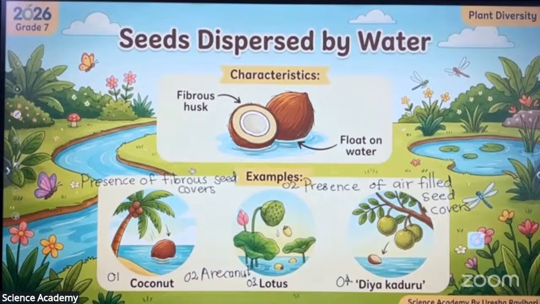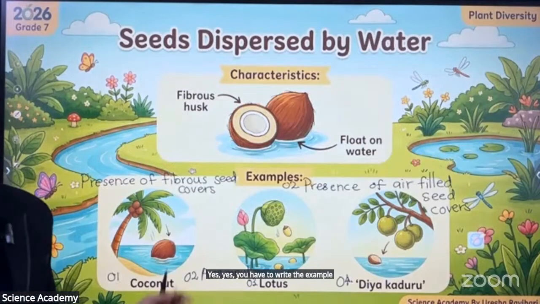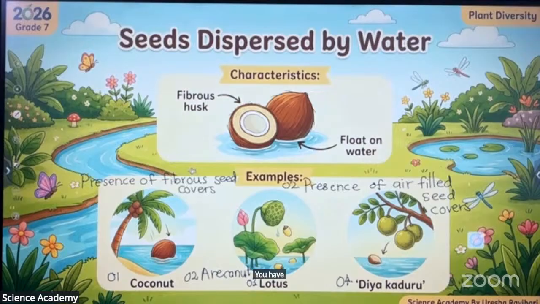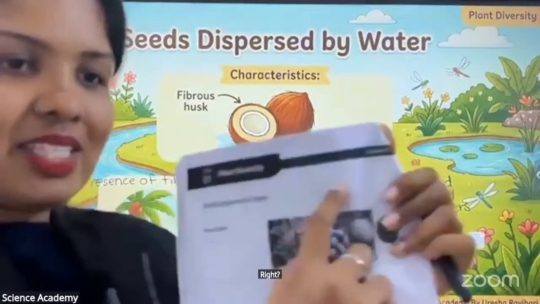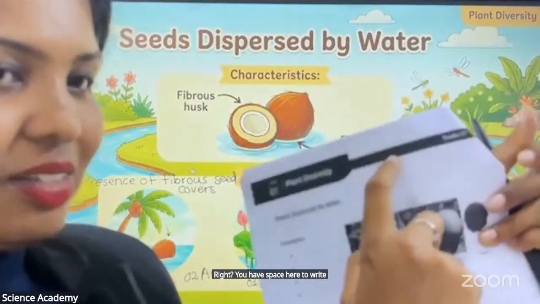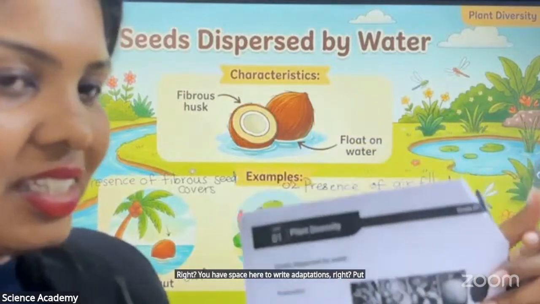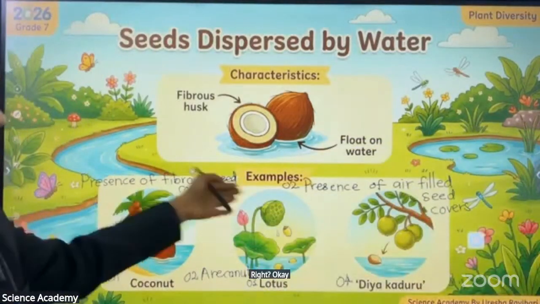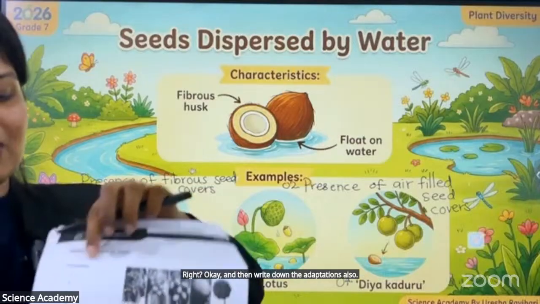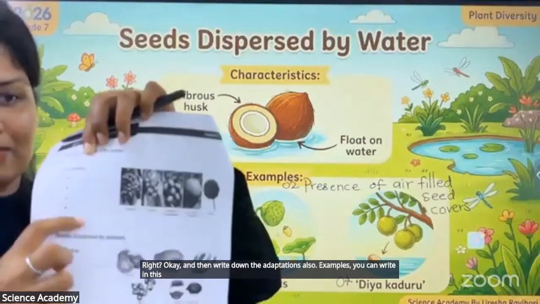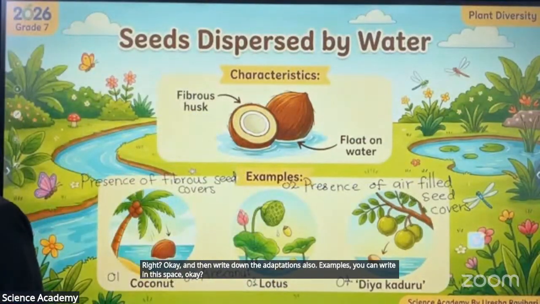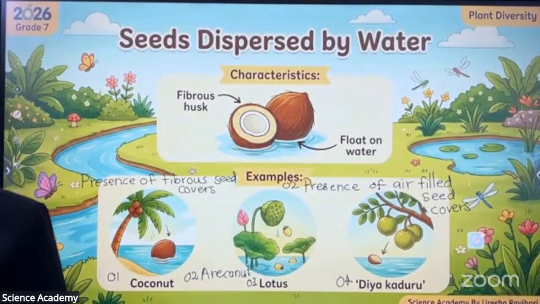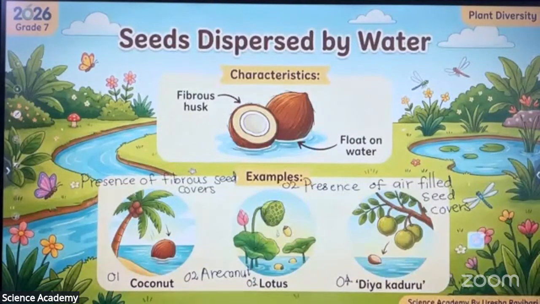Yes, you have to write the examples and you have space here to write the adaptations. Put 1 and 2, and then write down the adaptations also. Examples you can write in this place, okay? Done, miss. Okay.